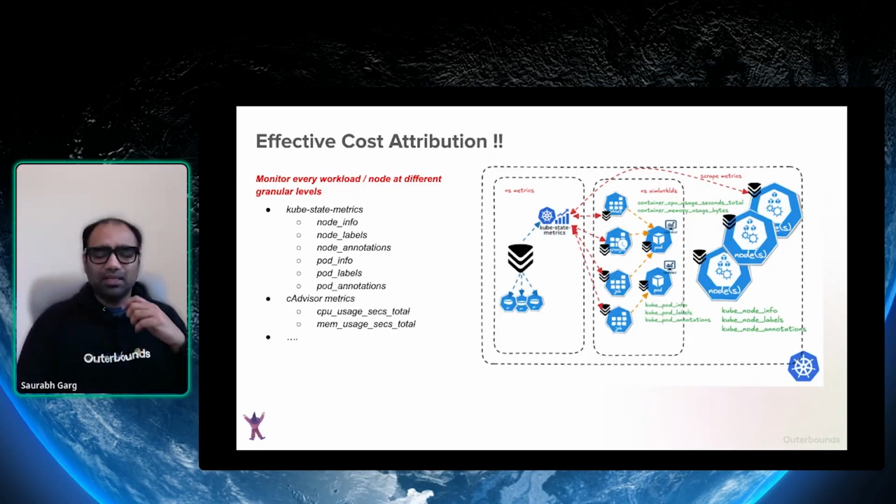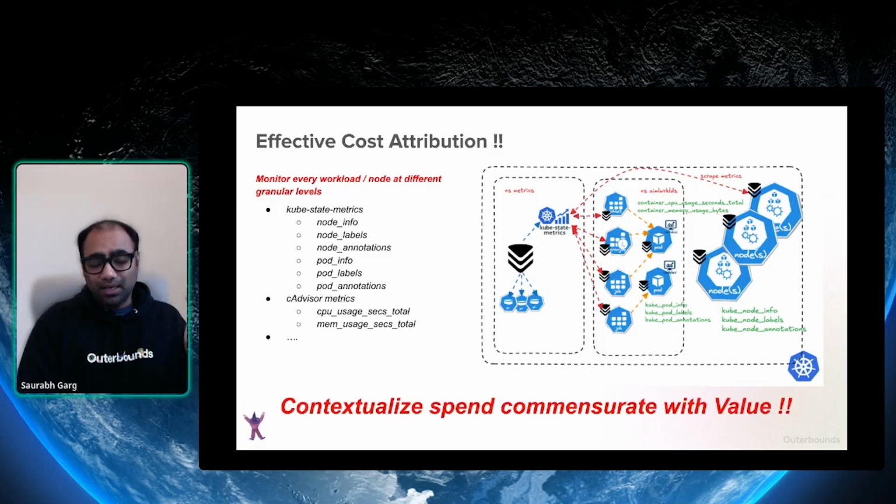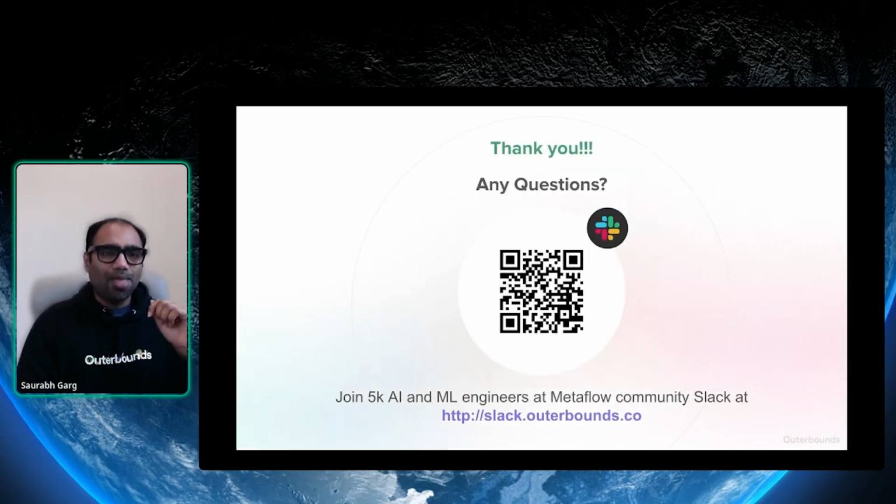That still becomes a hairy problem to solve, but at least this gives you a very high level overview of where you're spending the money and on what. So it allows you to contextualize spend commensurate with the value that you're producing.